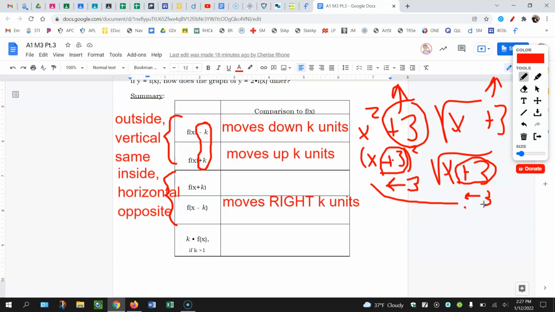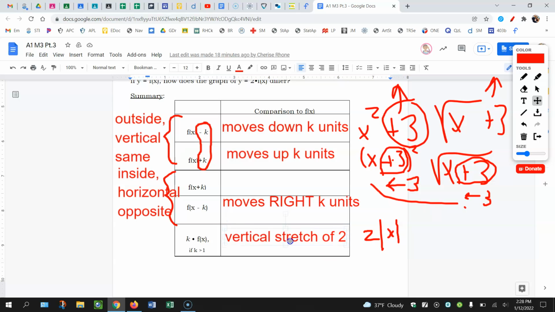All right. If we multiply by k and k is greater than 1, like 2 times the absolute value of x, that's going to be a vertical stretch of 2.